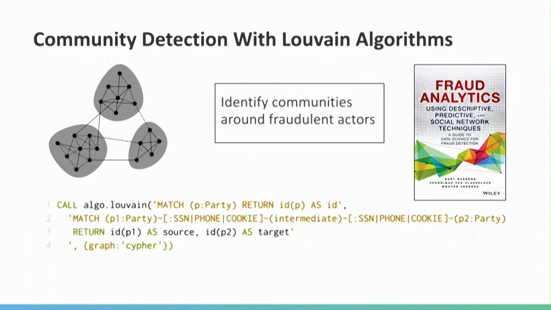So the Louvain algorithm, which is what Paul has decided to use, he calls it like this. So it looks similar to a Cypher procedure call. He's calling the algorithm.louvain and then passing in a Cypher query, looking at the parties that have those overlapping identities, and then pulling that information, the calculations, back out for what nodes fall into what communities.